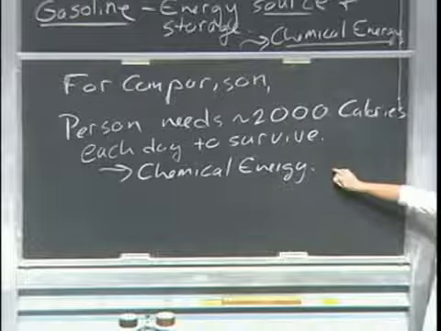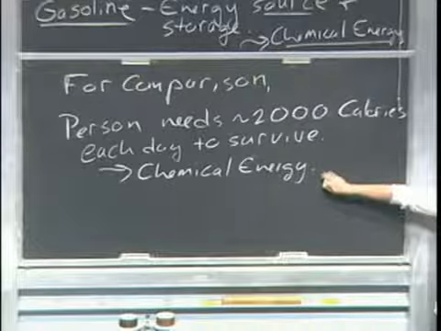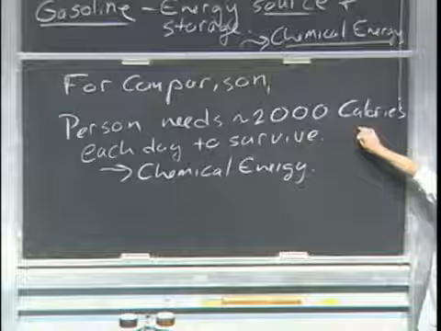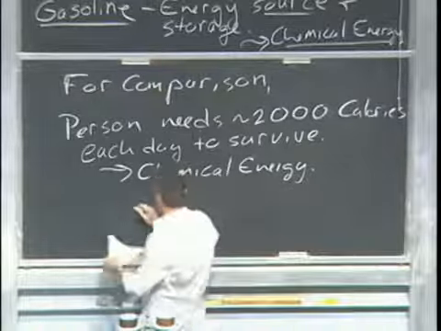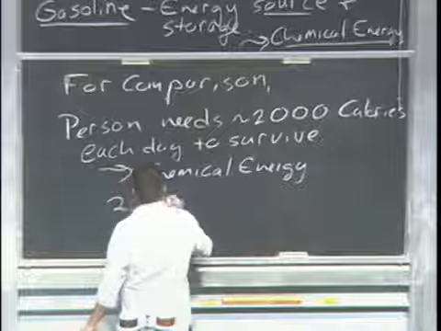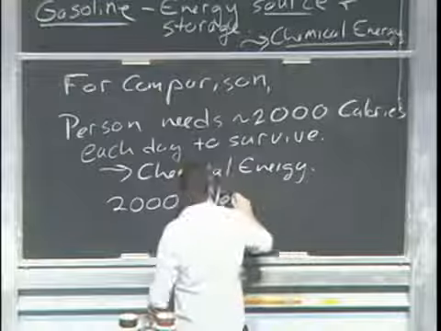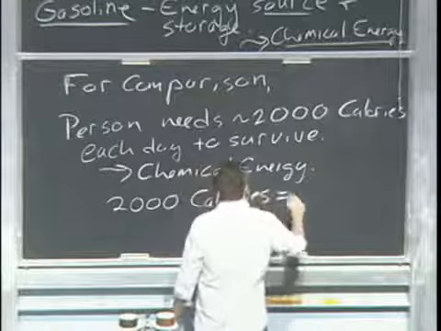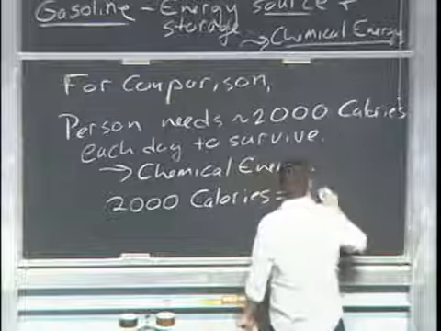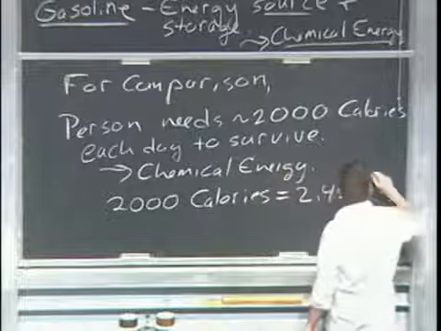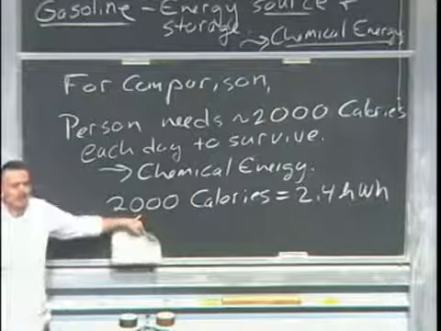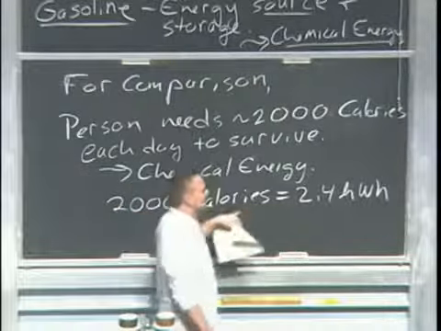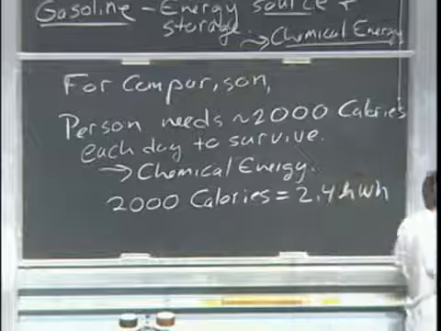Our body is effectively burning that food to release the energy for it. Okay, 2,000 calories is equal to 2.4 kilowatt hours for comparison. Okay, so a typical diet, the amount of energy we need to survive, is about 2.4 kilowatt hours.